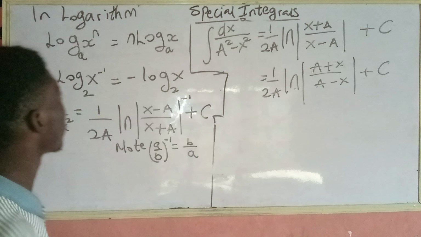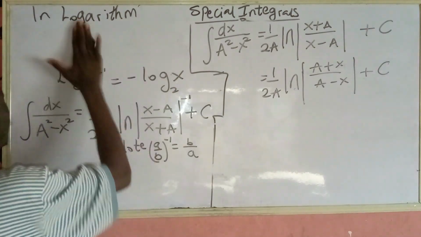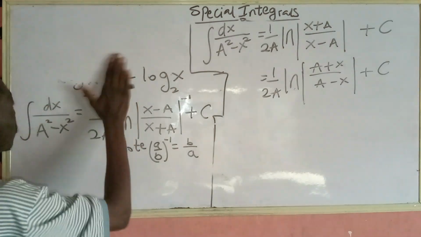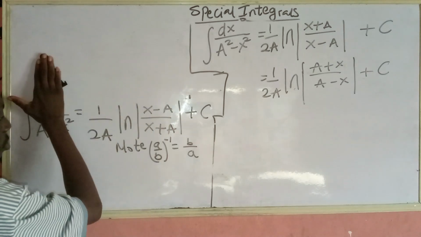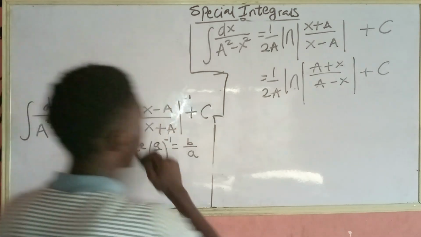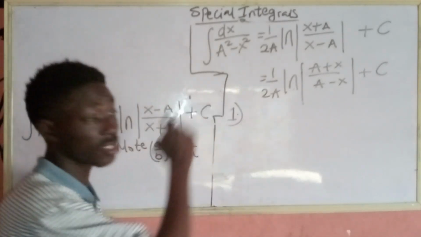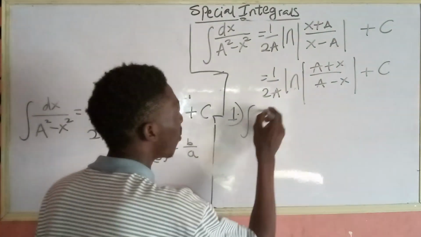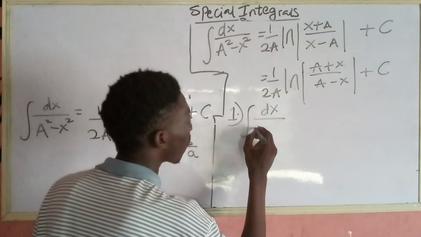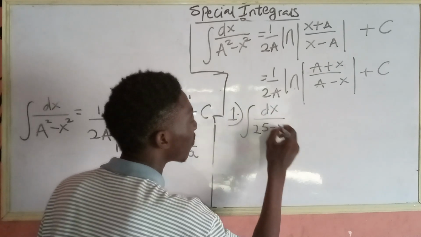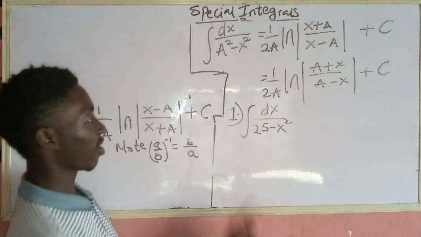From there we can go to an example. Okay. So example 1 on this: the integral of dx over 25 minus x squared.